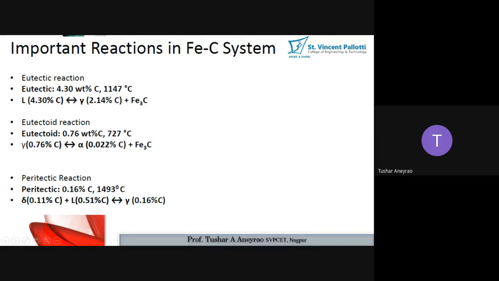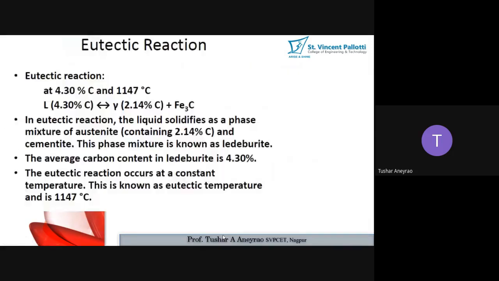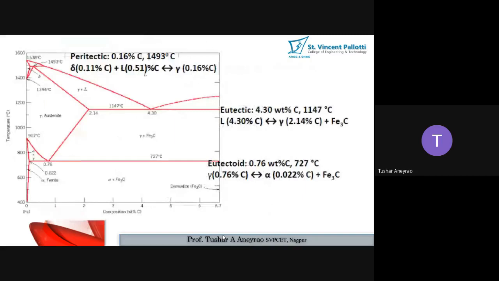If we go on discussing, the scope of this diagram is very high. I am trying to give my maximum so that you can understand the properties and the heat treatment processes. Remember this: eutectoid at 727, eutectic at 1147, and peritectic at 1493. These temperatures are very essential, and all these reactions happen at a sharp point as isothermal reactions.